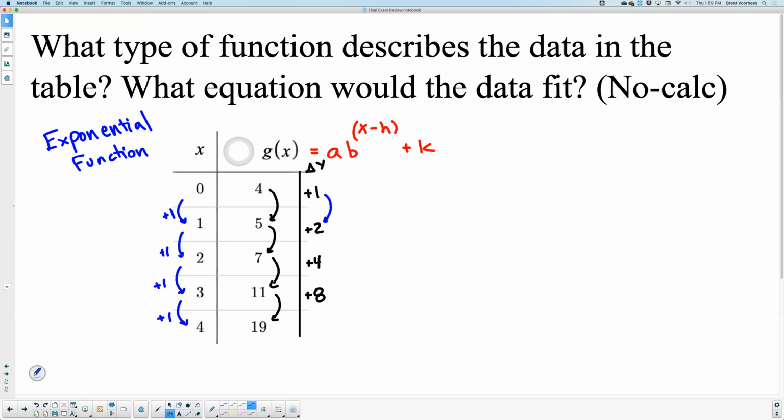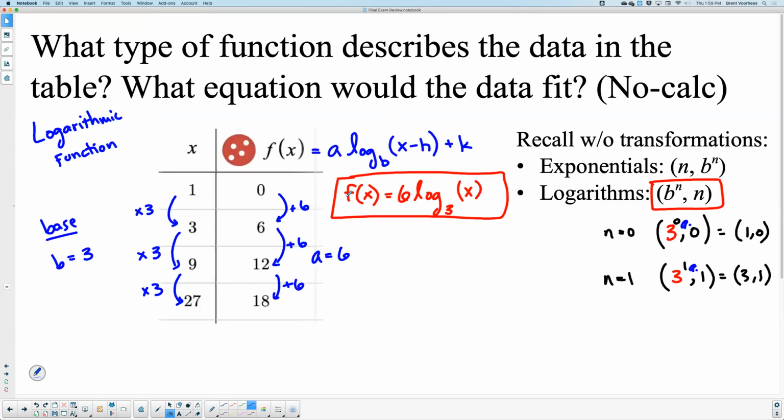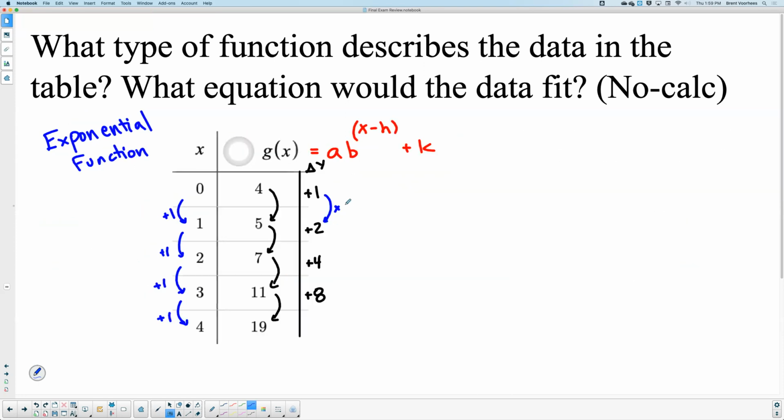What are we actually multiplying by? 2. We're multiplying by 2, times 2, times 2, times 2. That is my, what letter would that be? Not a. b. That's our base. The one that's multiplying is your base. Our base equals 2.